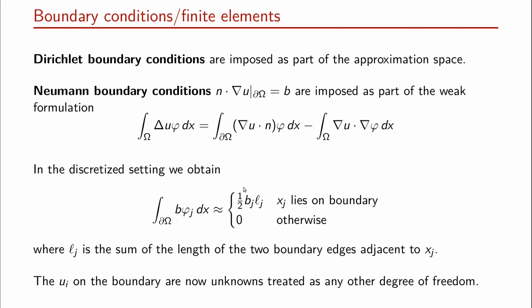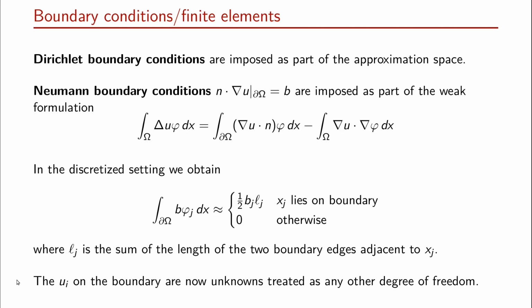So in essence, we get here an additional source term of a very particular form, and this source term enforces the Neumann boundary conditions. And this really is very similar to something that you would obtain, for example, in a finite difference scheme, where you would have some additional term on the right-hand side, which enforces the boundary conditions that you want.